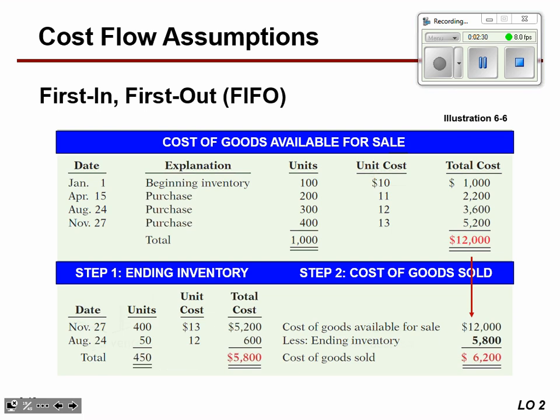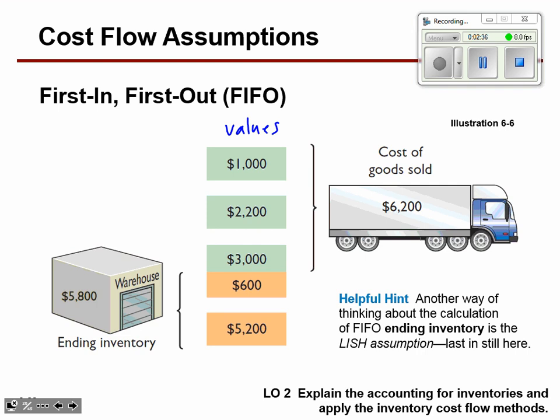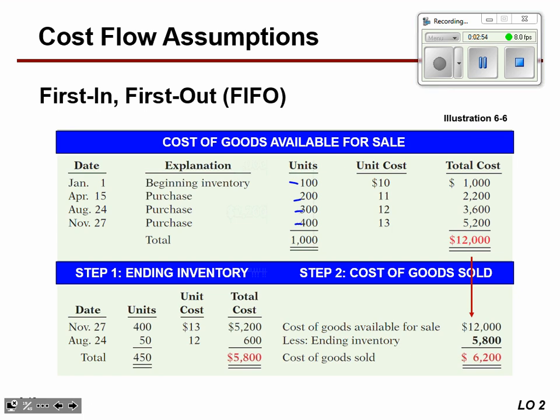You know, if I go back, here's the stuff. We had 100 and then we bought another 200 and 300 and 400. Okay, so 100, 200. I put that on the wrong one. So that's the value. This is the stuff. I bought 100, 200, 300, 400.